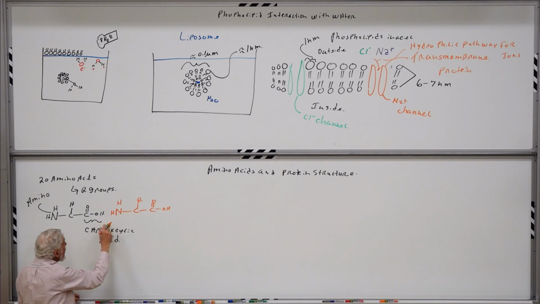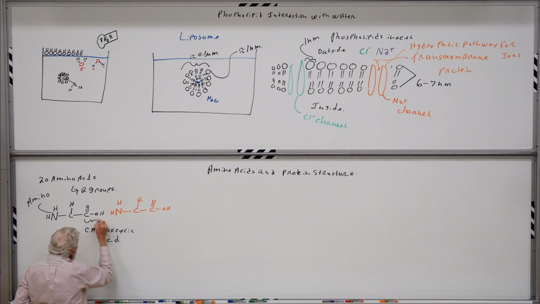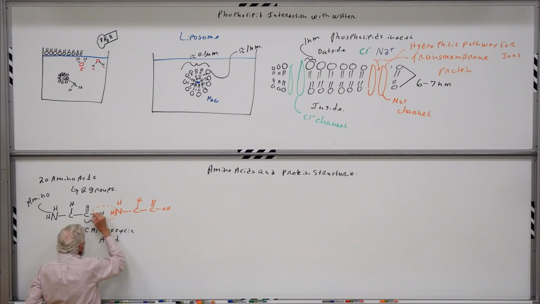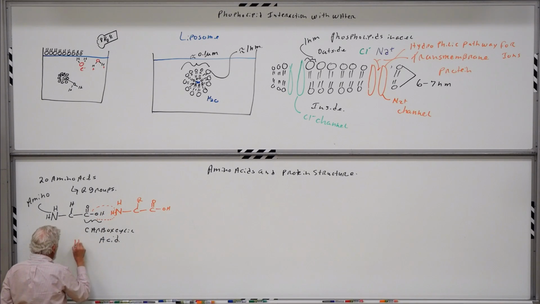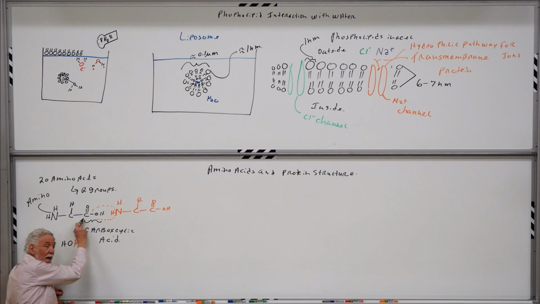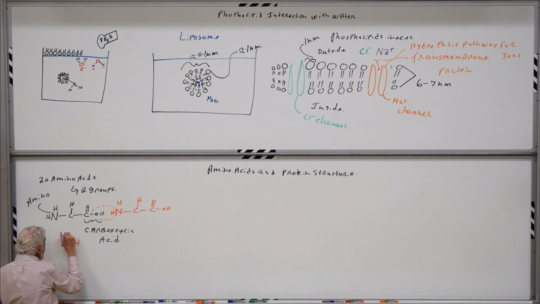But what happens is that we'll take the hydrogen from this nitrogen, and we'll take the hydroxyl from the carboxylic acid and generate water. This is another great example of a dehydration synthesis.